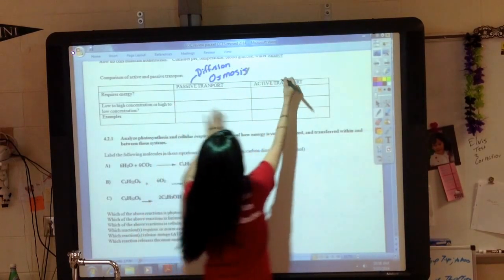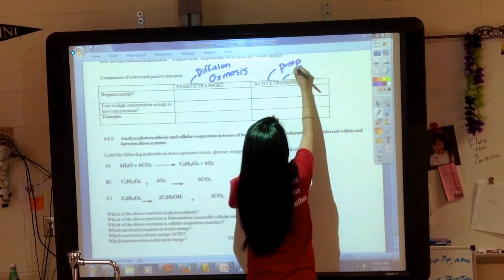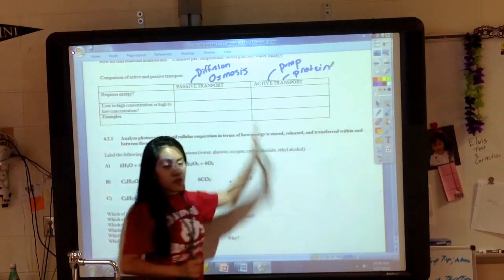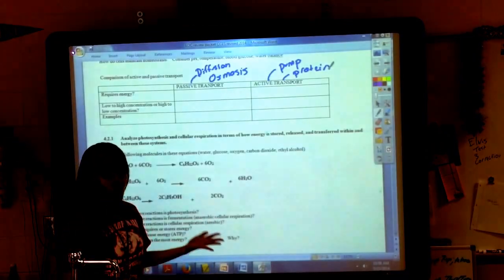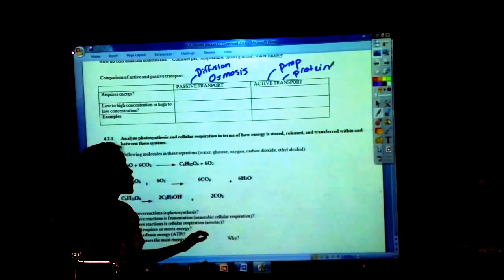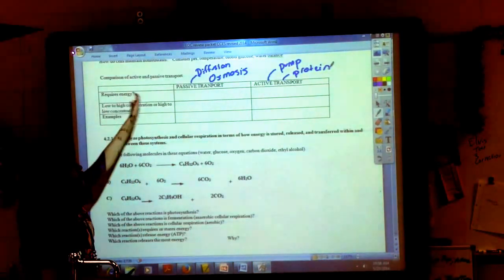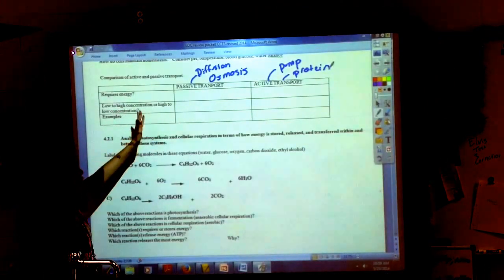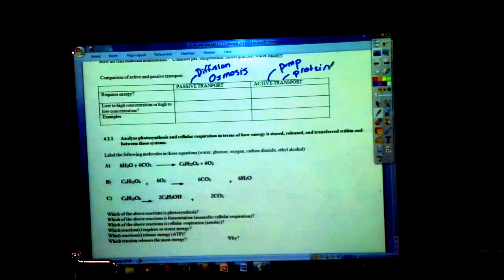And active transport, you might need a pump of some sort or a protein to help you do that. Whereas osmosis and diffusion, you're mainly going to move through a pore, P-O-R-E, or through the cell membrane itself. So does it require energy? Yes or no? Does it move from low to high concentration or high to low concentration? Give an example of each. After you finish this, don't forget to do your summary questions.